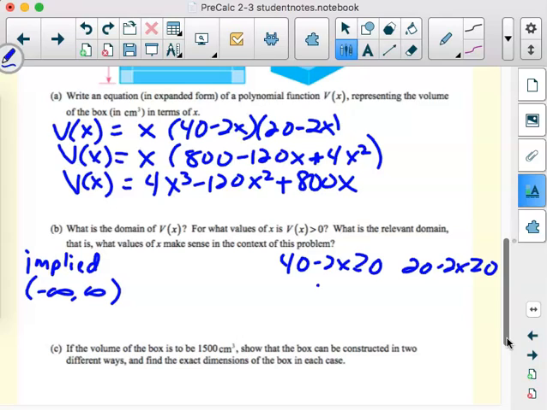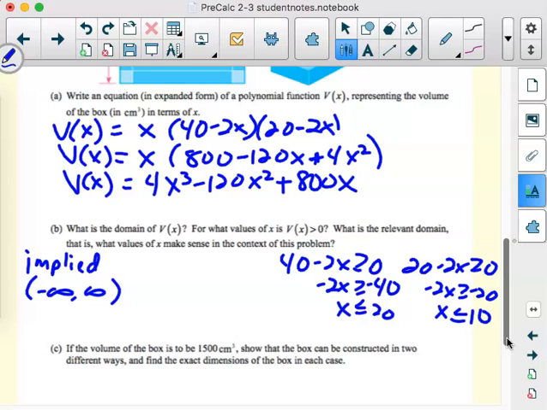So we'll subtract 40 from both sides and divide by negative 2, which flips the sign. And for this one we get x is less than or equal to 20. The other one, subtract 20 from both sides, divide by negative 2, and we'll get x is less than or equal to 10.